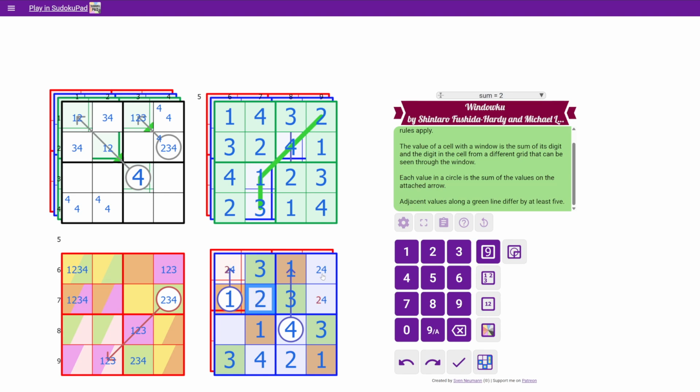Oh, this is an empty 2 looking at me. That's now a 1. This is a 2. So the 1, I mean, they have to be paired with each other, don't they?